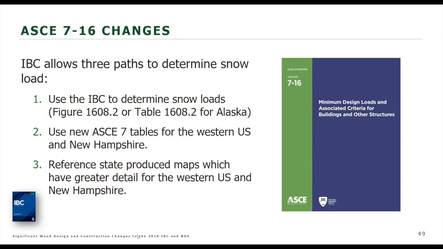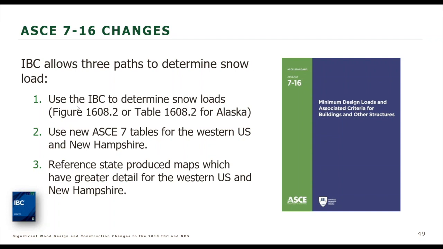And then when we determine our snow loads, there are 3 paths for determining our snow loads. And this is where, when we design our building, we want to coordinate with the authority having jurisdiction, our building department, and make sure that we're on the right path for determining our snow loads, because there are 3 paths.